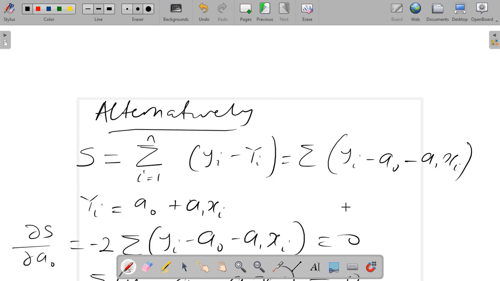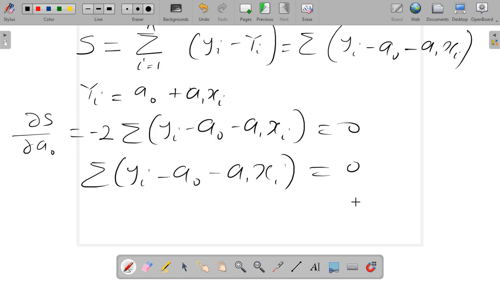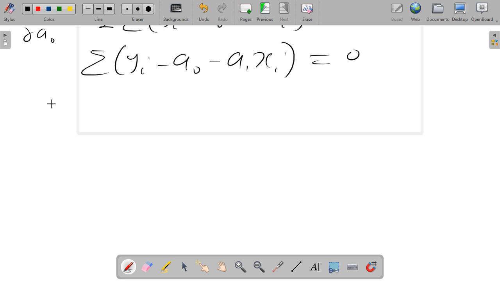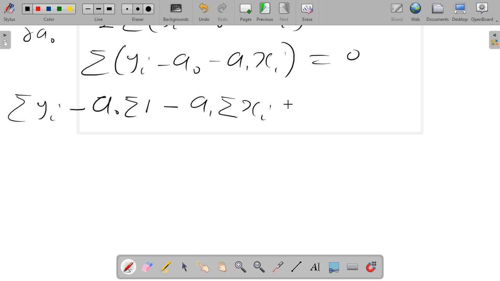So from here I told you that we can share the summation for them to have the summation of yi. Please don't forget that this i starts from 1 to n. So minus a0 summation 1, don't forget I told you before, then minus a1 summation xi is equal to 0.